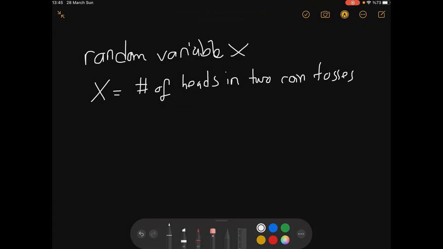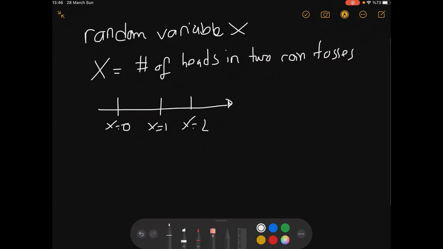Okay, that's what we're dealing with. And on the X variable, what you can have as values, you can have X equals 0 or X equals 1 or X equals 2. That's it. That's what you can have.